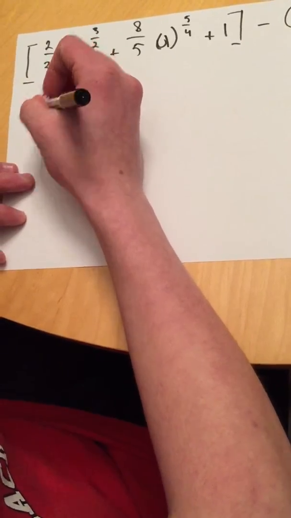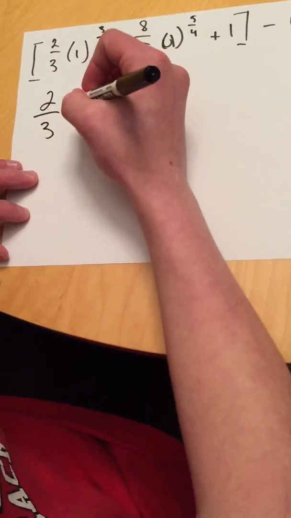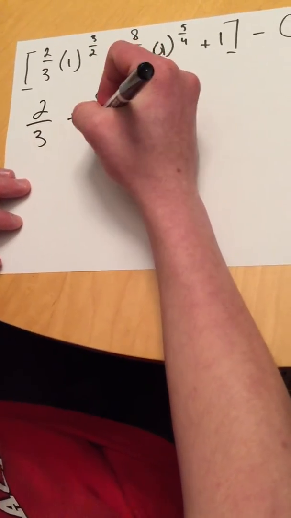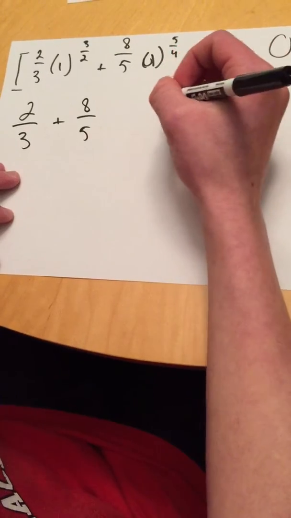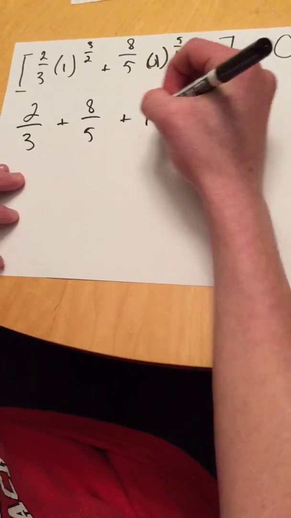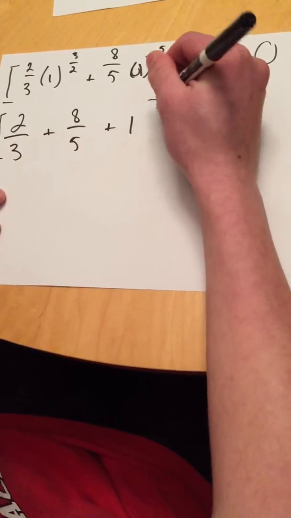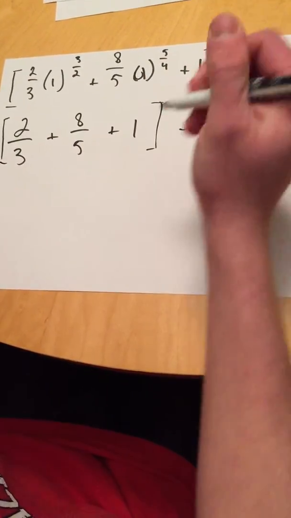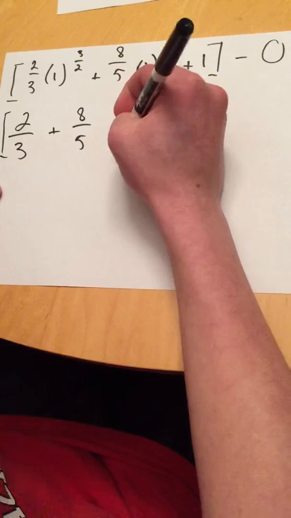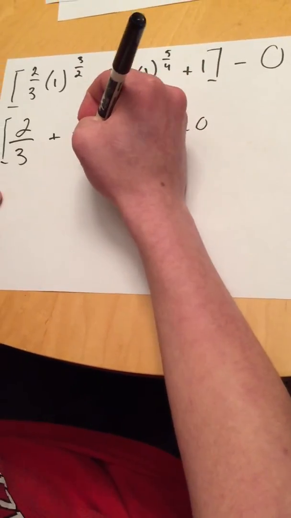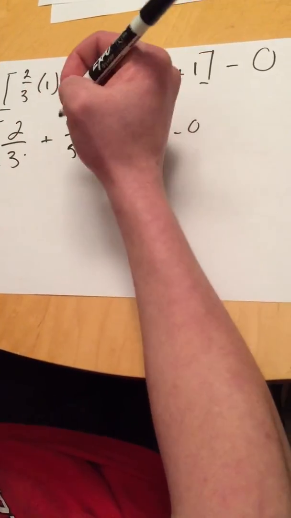So we end up getting 2/3 plus 8/5 plus 1, minus 0. And to make this easier, we need a common denominator, which would be 15.